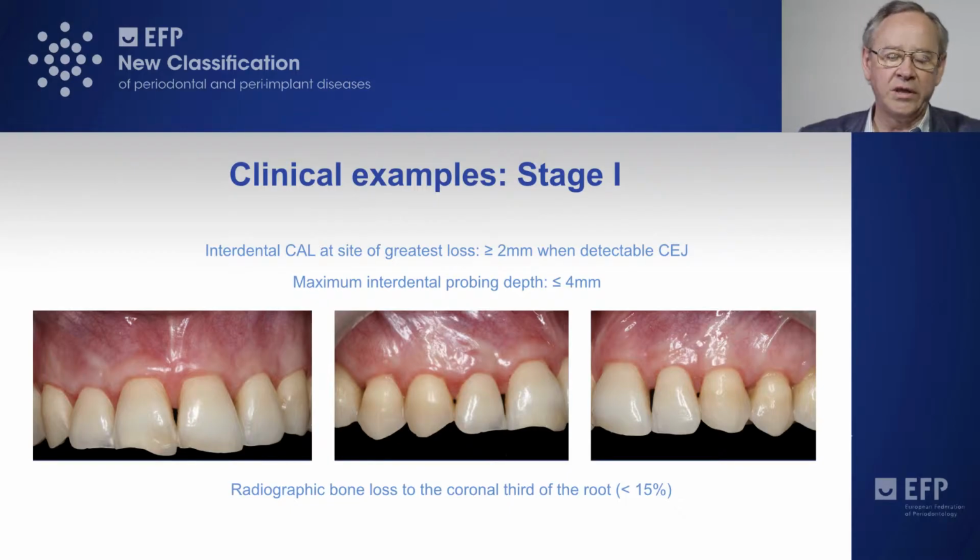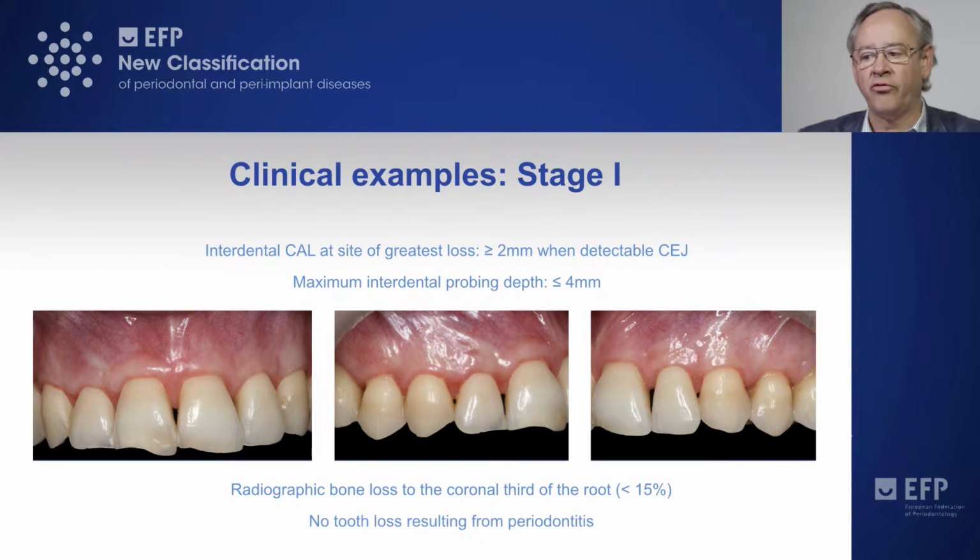When we evaluate the radiographs, the full mouth x-rays, we see that the presence of bone loss in at least 2 non-adjacent teeth affects less than 50% of the root length. In these incipient periodontitis cases, tooth loss is not present, or if present, is not due to a periodontitis cause.